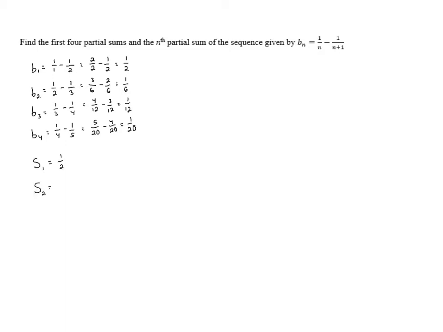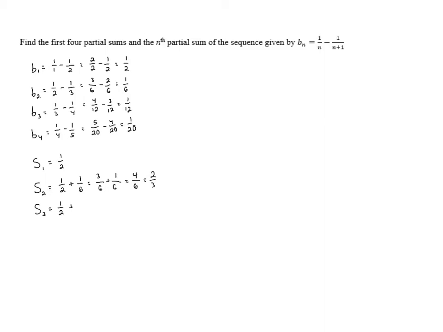The second partial sum is the sum of the first two terms. So we've got 1 half plus 1/6. The common denominator here is 6. So we've got 3/6 plus 1/6, which is 4/6, or 2/3. Now, for the third partial sum, we need to add together the first three terms.